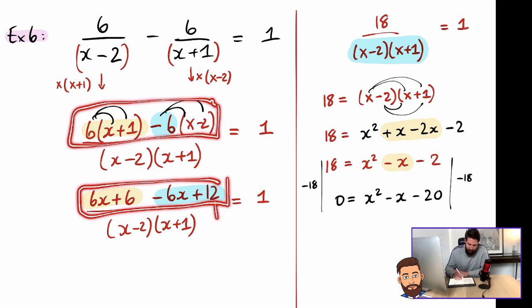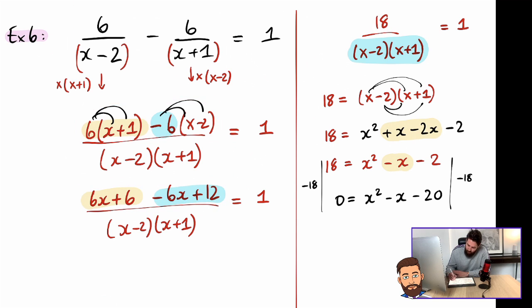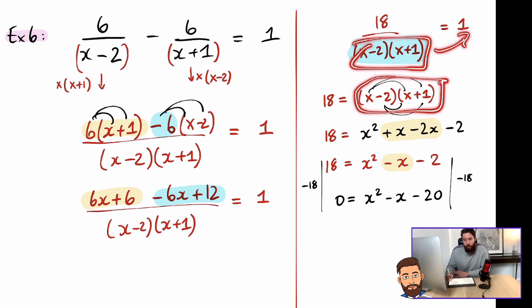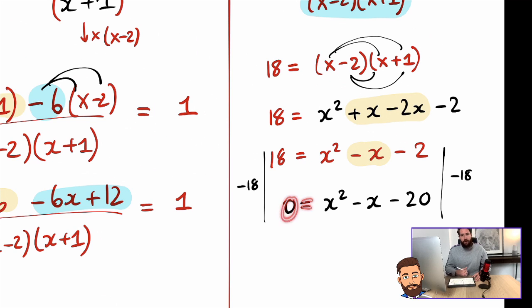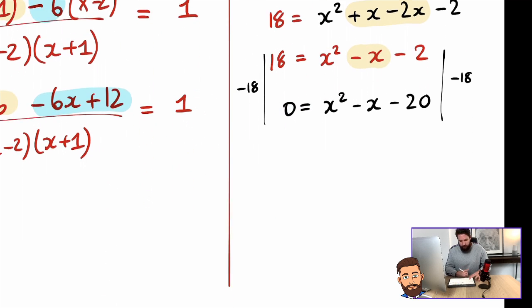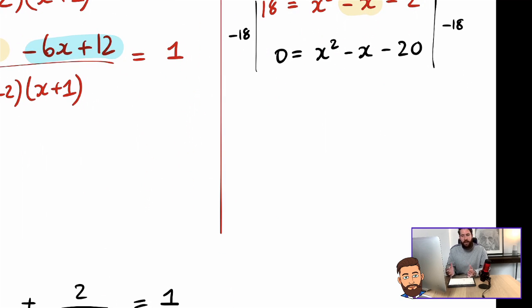Then we've simplified that expression to get just 18. And then we've multiplied up to get a double bracket that needs expanding. We've expanded it, and you should know that when you have a quadratic, you have to make it equal to 0 to solve it. And that just relies on your understanding of how quadratic equations work.